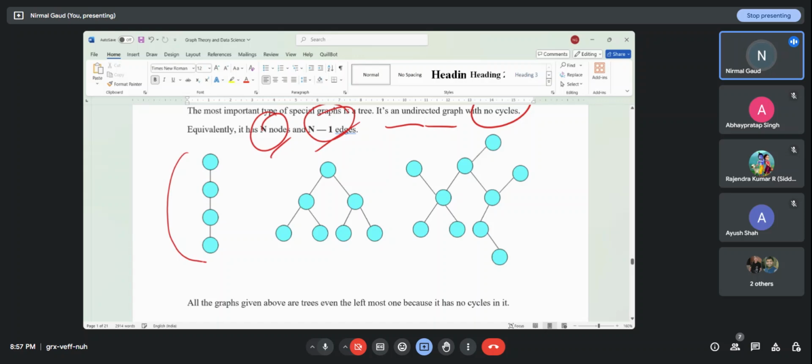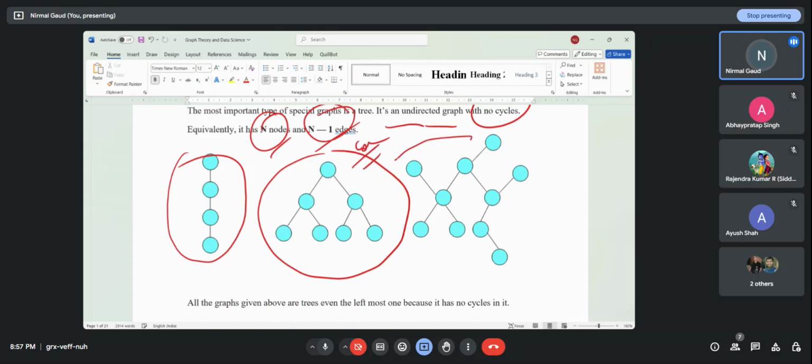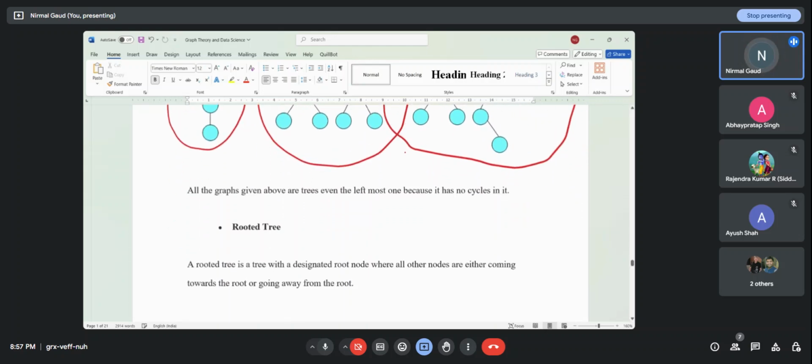Okay, this is a tree. Obviously, we use this concept only. We can say that this is also a tree. According to my definition, it's also following the rule of a tree. So all the graphs given above are trees. Even the leftmost one, because it has no cycle, it is a tree.